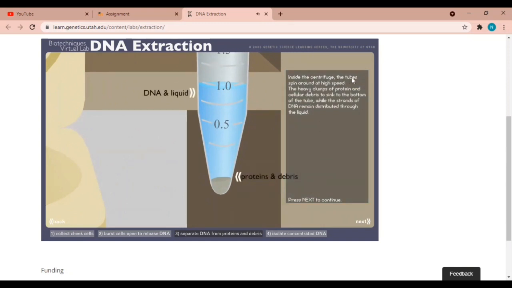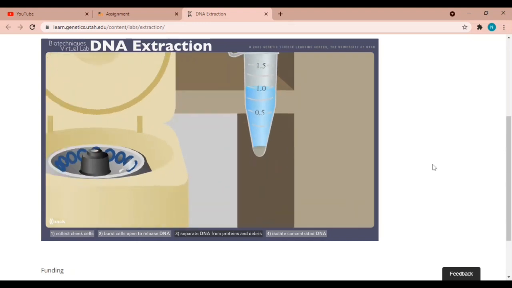Inside the centrifuge, the tubes spin around at high speed. The heavy clumps of proteins and cellular debris sink to the bottom of the tube, while the strands of DNA remain distributed through the liquid. So press next.